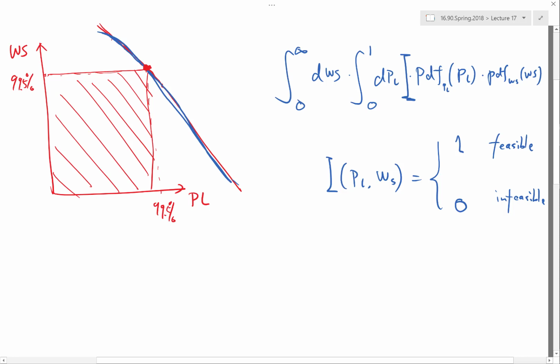So either way, you can evaluate the 1 or 0 function. But the problem is that we have this integral here. So that means no matter if you do simulation or experiment, you have to try out every possible combination of wind speed and payload.